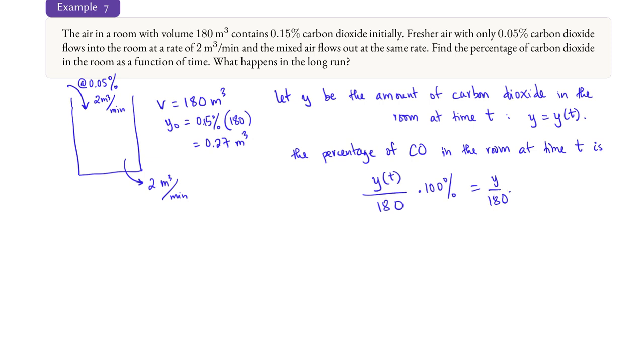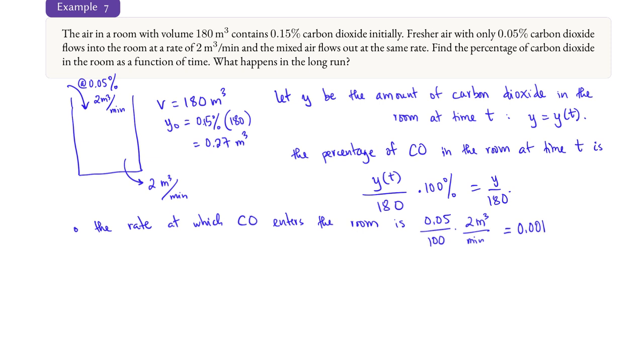This is the percentage of carbon dioxide. The rate at which the carbon dioxide is entering the room is 0.05% times 2 cubic meters per minute, and this is 0.001 cubic meters per minute.